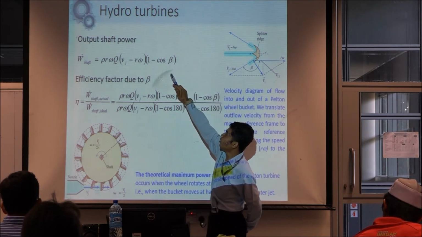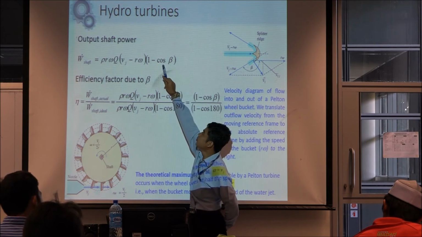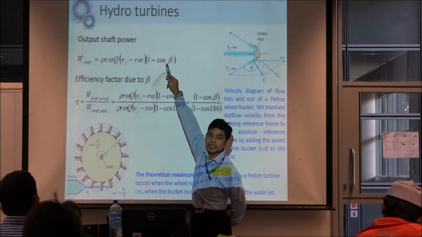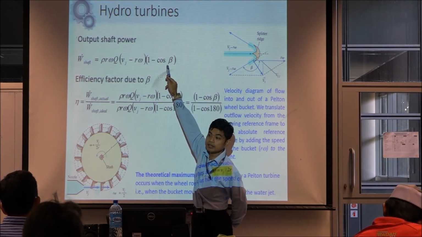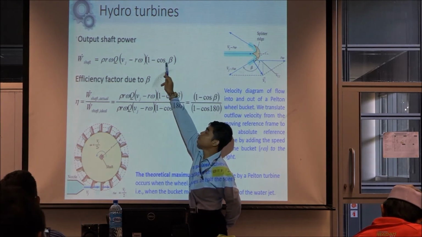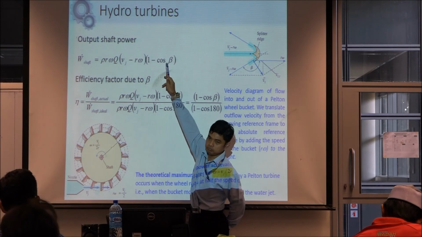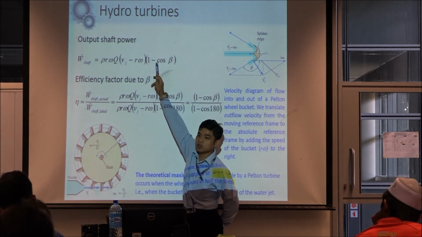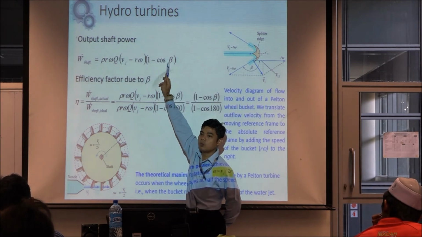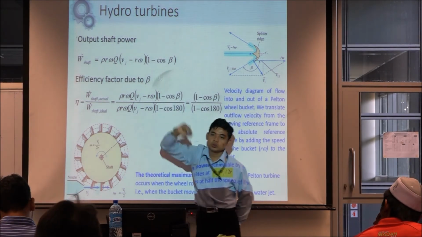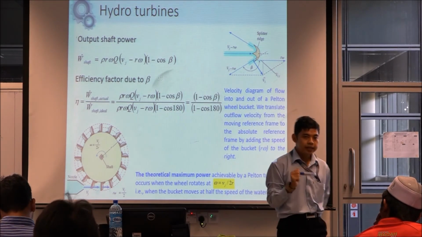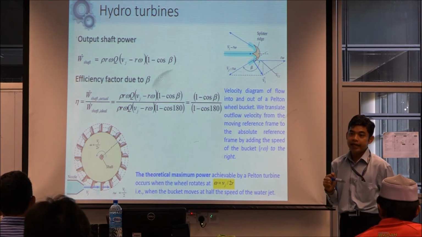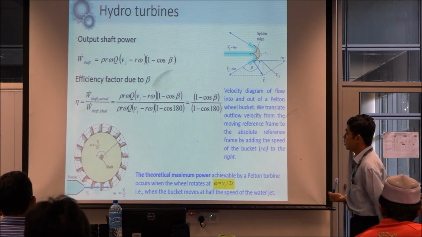So you can see now that the maximum will occur when beta is equal to 180. Right? 180, cos beta will become -1, negative, so 1 plus 1. So the maximum you can get for this is 180. Okay?